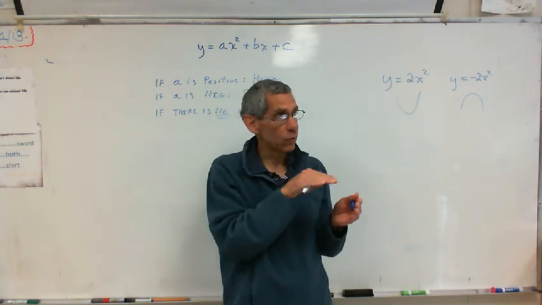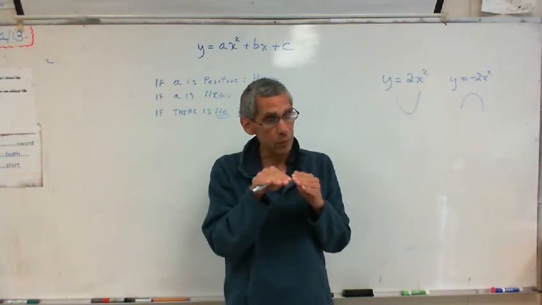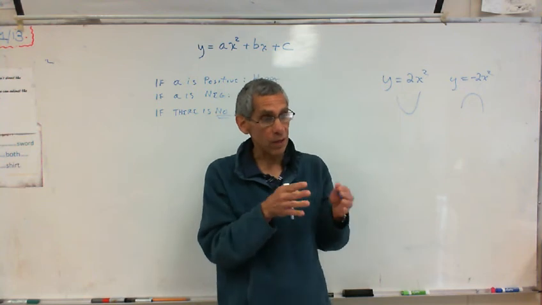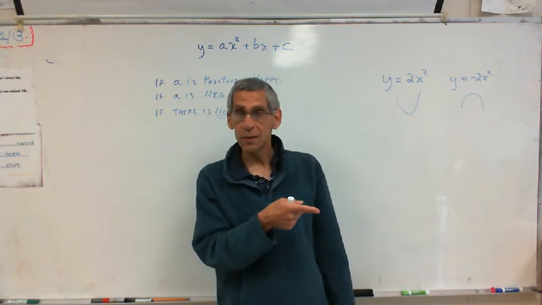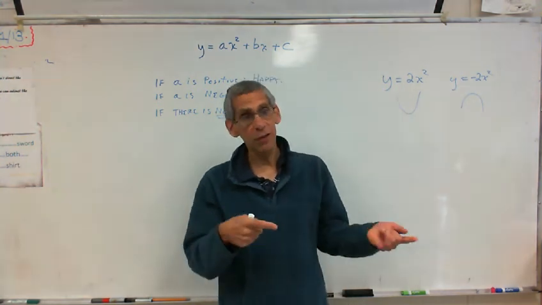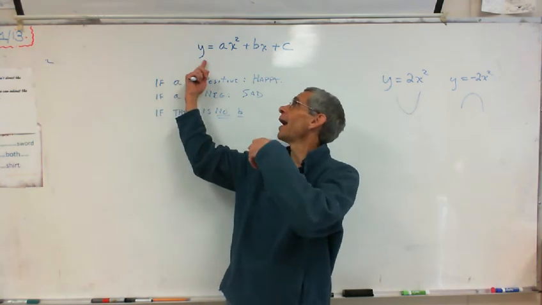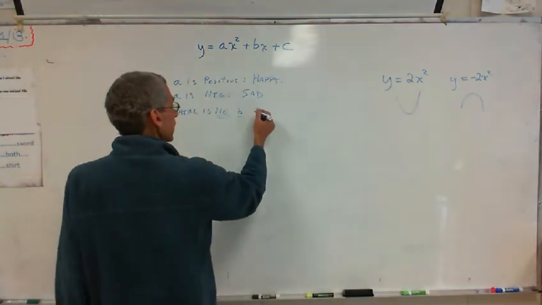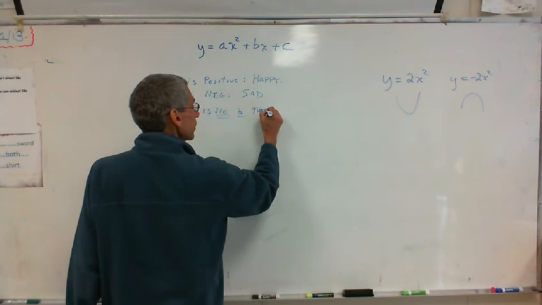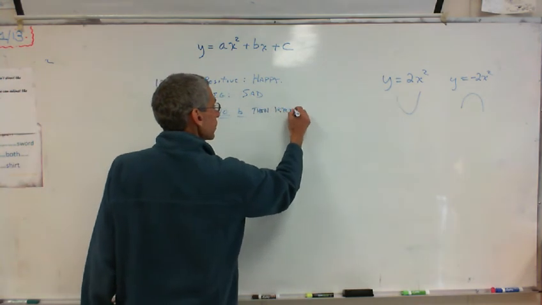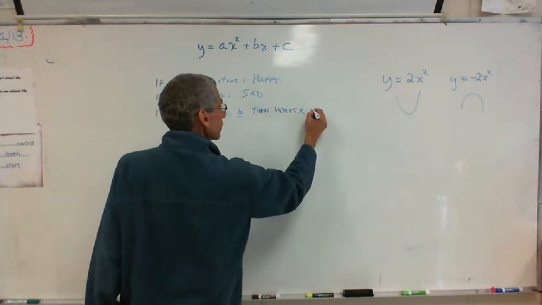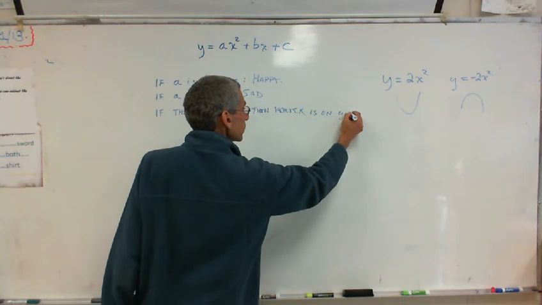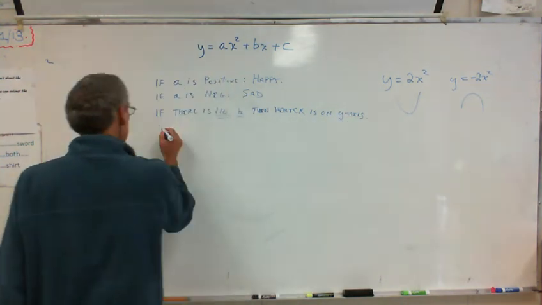But if you remember the whole formula is x equals negative b over 2a, then when you solve for it, you know, oh, that's the x of my vertex. Then you can plug into that to get your y, right? We'll talk about that again in a second. So if there's no b, then the vertex is on the y-axis. Good. All right.